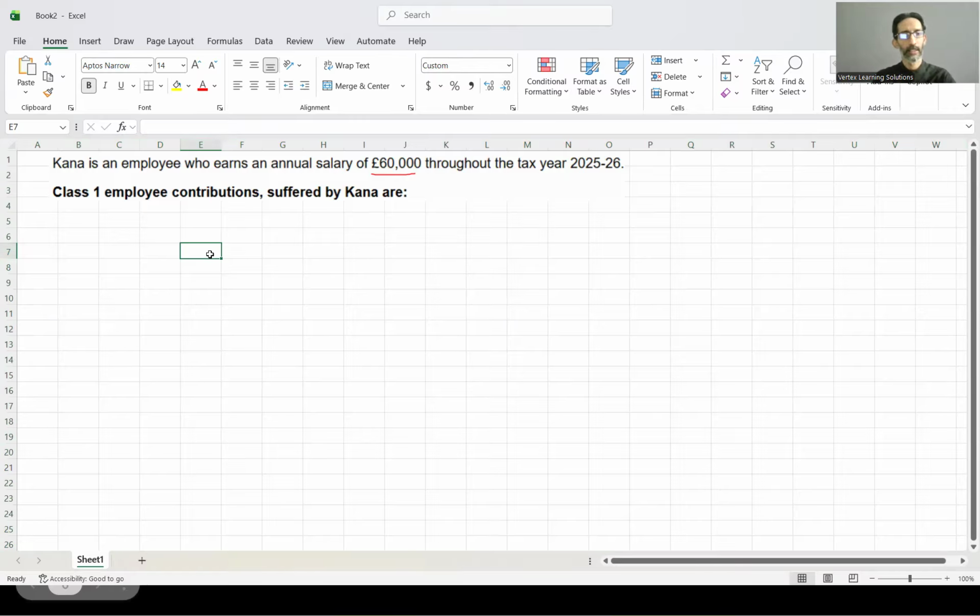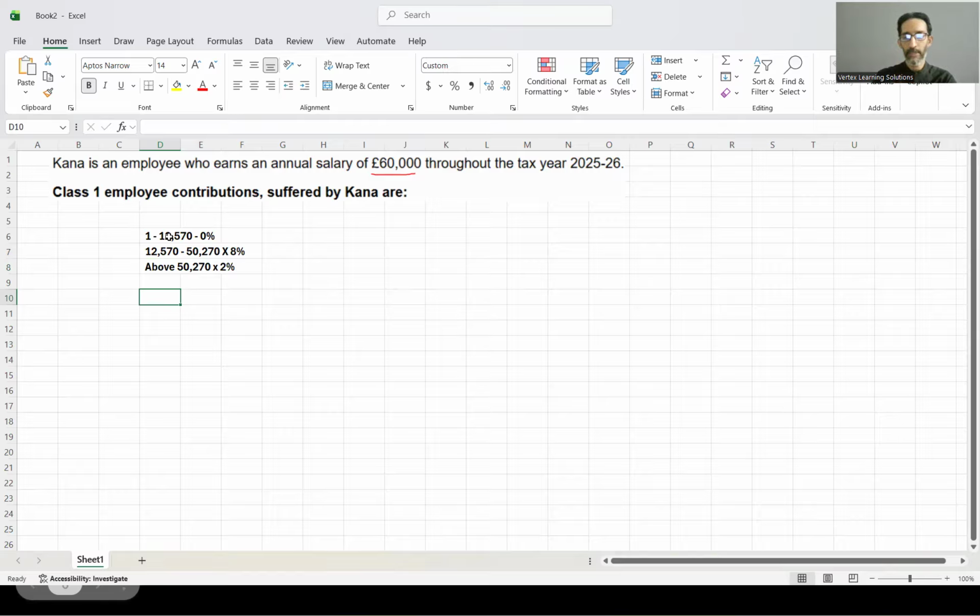We know that for the first 12,570 there is 0%. Then between 12,570 and 50,270 there is 8%, and above 50,270 we have 2%. So these are the brackets that I have told you. Now you see they have those 60,000.